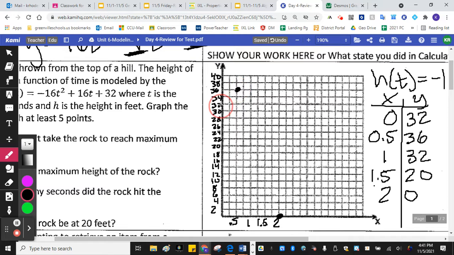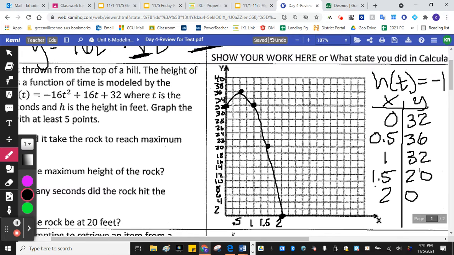At 0, it was 32. That's my vertex. At 1.5, it was 20. Whoops, missed it. There we go. All right, now we can answer all of my questions now that it's graphed.